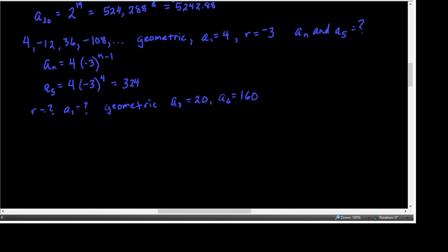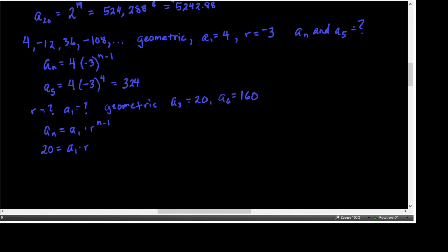Well, the thing we know is true is that a sub n is equal to a sub 1, one of the things we're supposed to be finding, times r, which is another thing we're supposed to be finding, to the n minus 1. Given these two pieces of information, we know that the answer is 20 when n is 3.